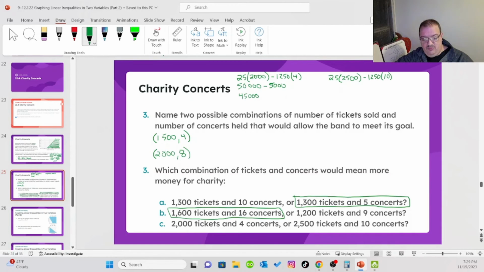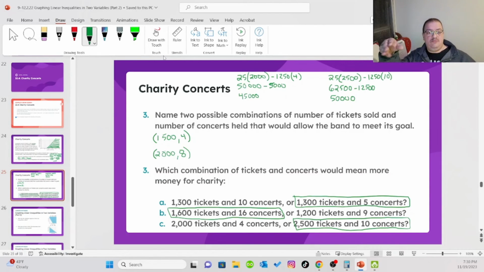So this would be $62,500 of revenue minus $12,500 of cost for the concerts, leaving us with $50,000. So the second option gives us more money.